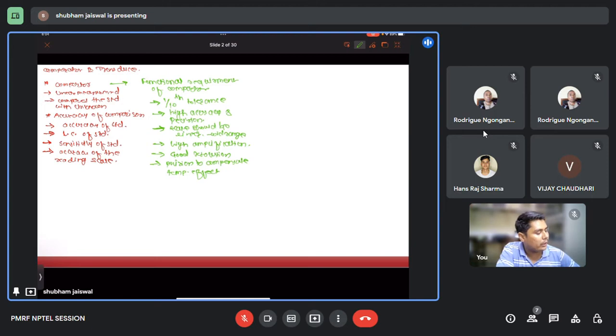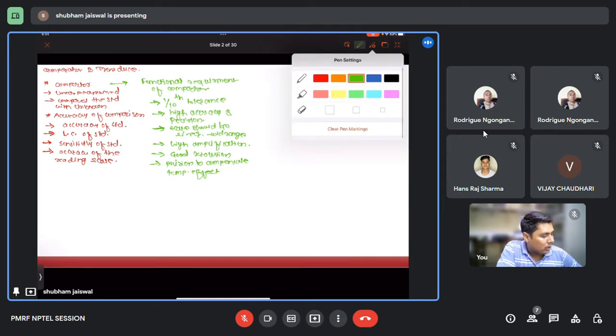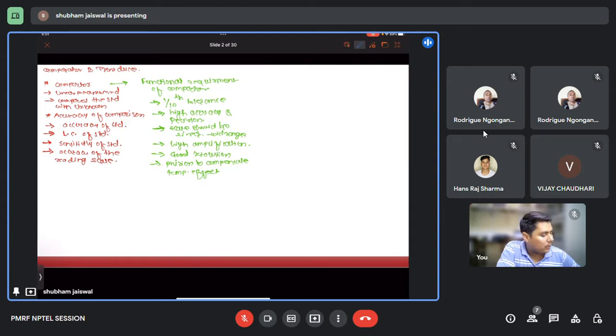After this, we have seen the classification of comparators. In that, the first one is mechanical. Then we have seen mechanical plus optical.